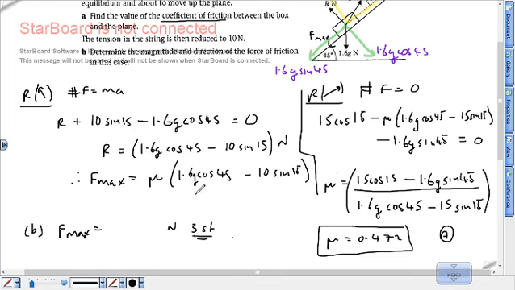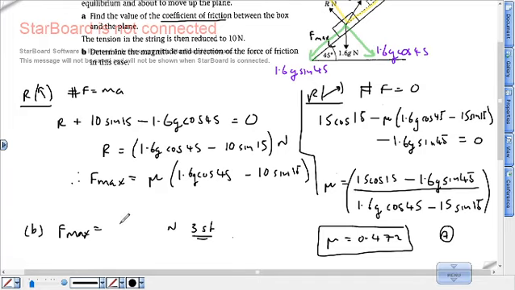Okay, so I've got my mu now, and calculator, thank God I stored it. So alpha A equals, that's it, and then times it by open brackets 1.6 multiplied by 9.8 multiplied by cos 45 close brackets minus 10 sin 15 close brackets equals.